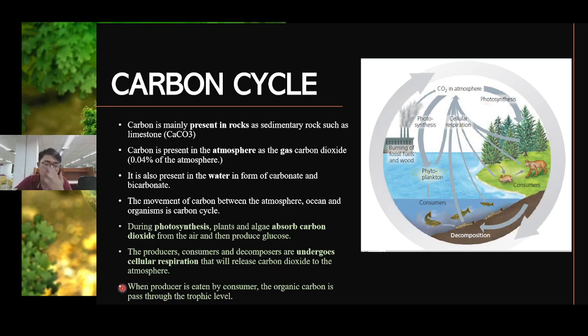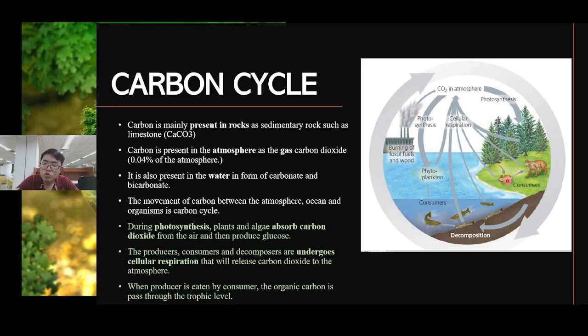And when the producer is eaten by a consumer, the organic compound is passed through the trophic level. The herbivorous animals like cows, sheep, and deer only eat plants, and they eat the producer, the plant, and then the organic compound passes through the trophic level.